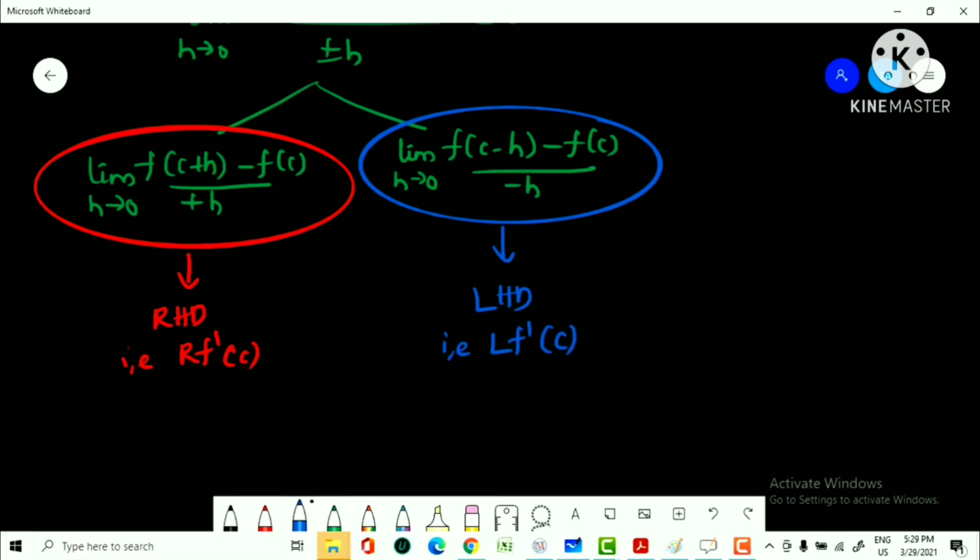This one is less than or equal to 0, this one is greater than or equal to 0.